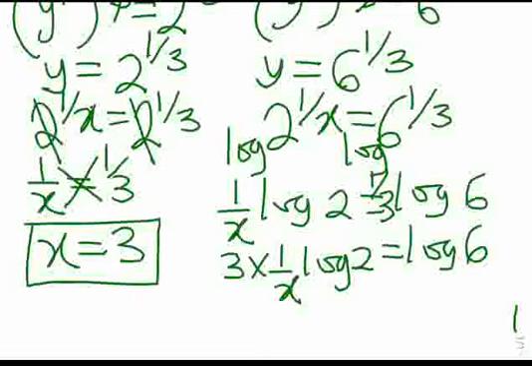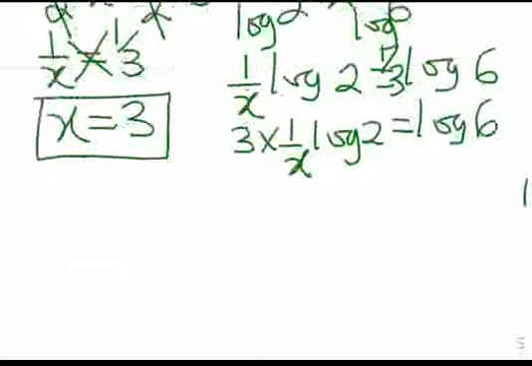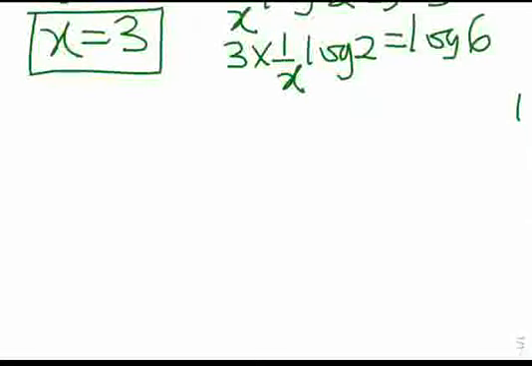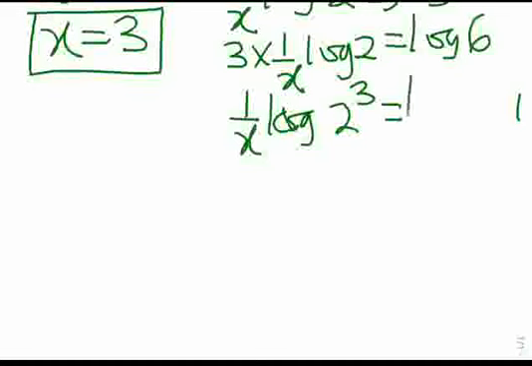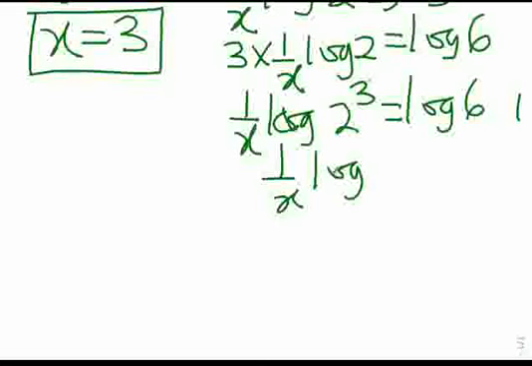Now from the law of logarithm, this 3 can also shift to this other side. If it shifts to that side, it becomes a power. So we're going to have 1 over x log 2 raised to the power 3 equals log 6. 2 raised to the power 3 is equal to what? 8. This equals log 6.